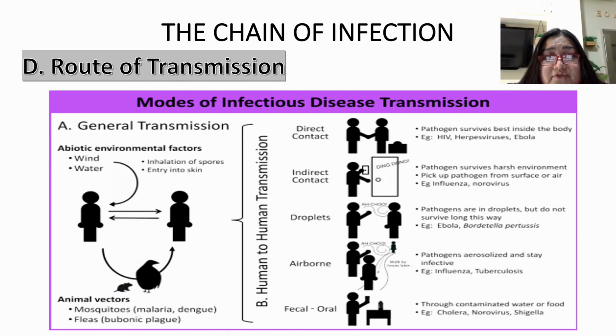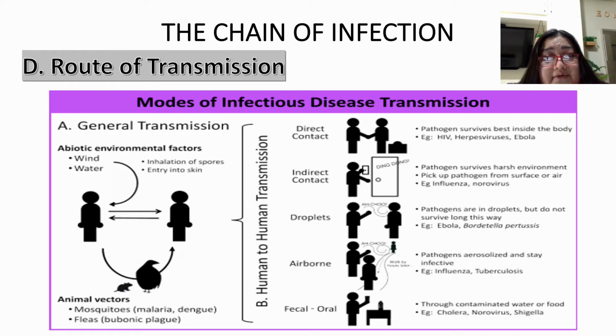Droplet transmission is close contact with the human's respiratory droplets and may also be considered a direct contact mode of transmission. These droplets do not actually survive for longer periods of time. Hence, yung pagsuot natin ng effective face masks, they prevent both droplets and airborne transmission.